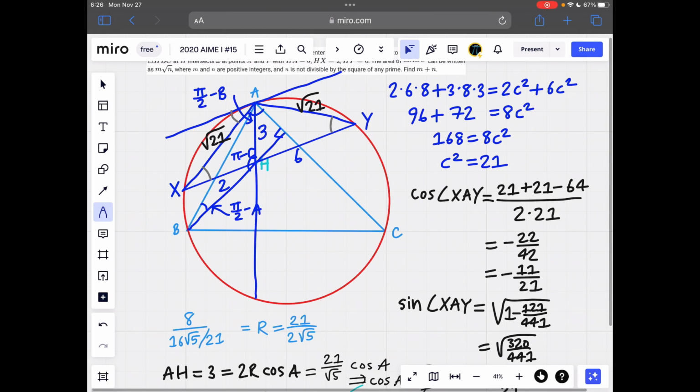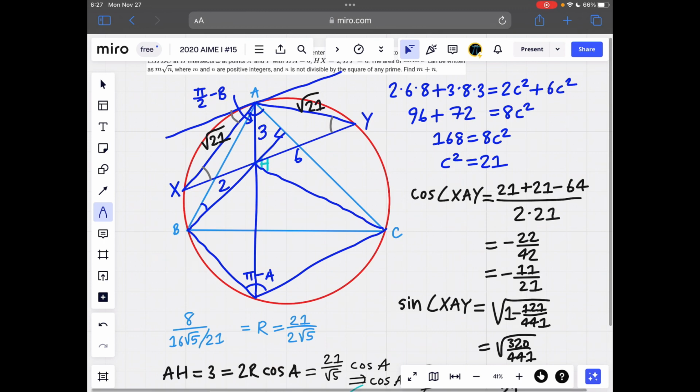I forgot to prove this in my previous video, but the reflection of H over BC lies on omega for a very specific reason, because angle BHC is equal to pi minus A. We saw that angle AHB was pi minus C, so similarly, angle BHC would be pi minus A. And since it's a reflection, we also have that the angle at B, the reflection, and C, this is also pi minus A. And since it's located on the other side of BC as A, and the angle is pi minus A, that point is concyclic with points A, B, and C. So it lies on the circumcircle of ABC.